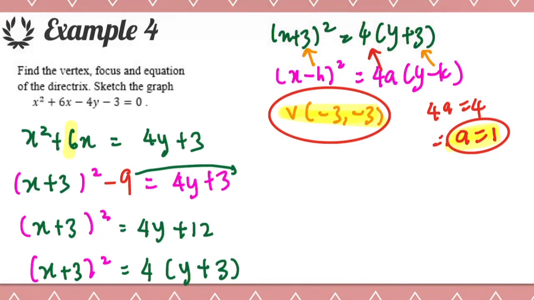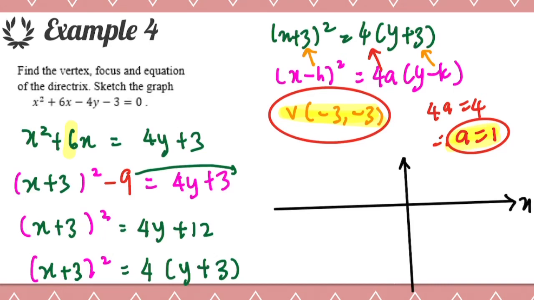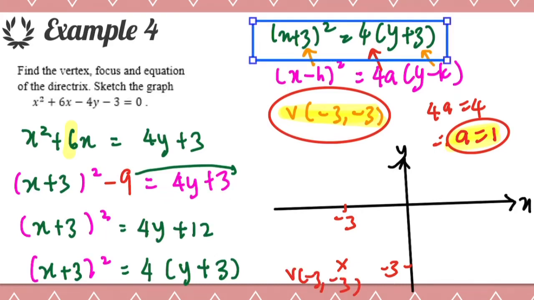The next step is we need to sketch the graph in order to know the rest of the answer. So let's build your x-axis and also our y-axis. Let's fill in your vertex. The vertex is -3, -3. We know from this equation that our graph is opening up.